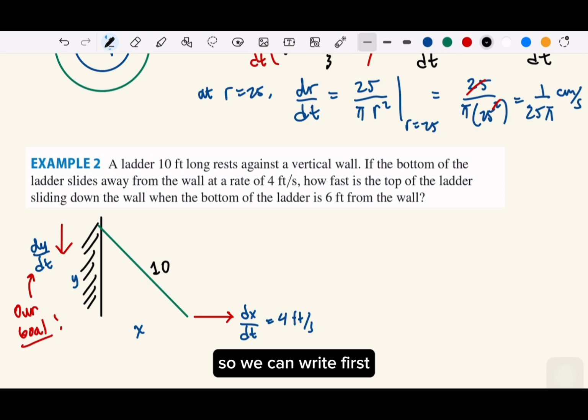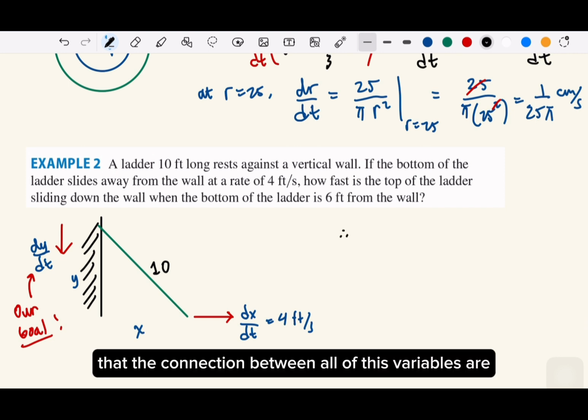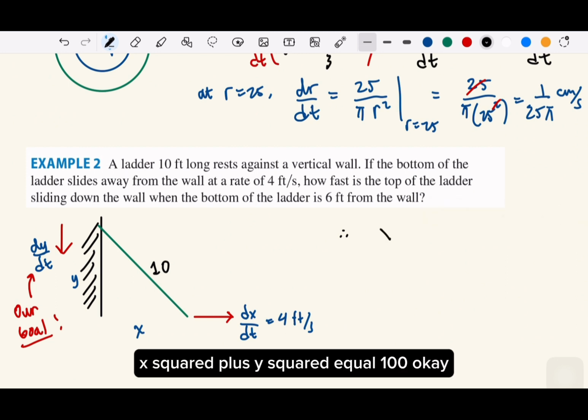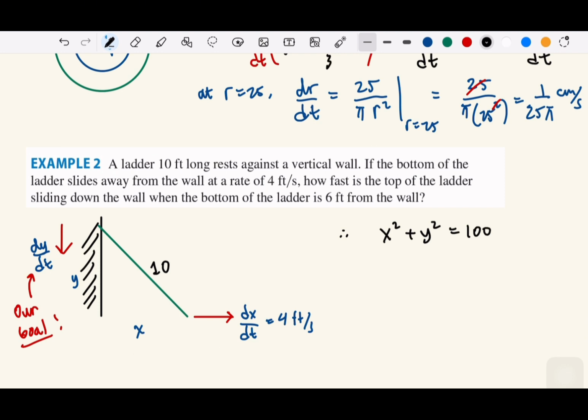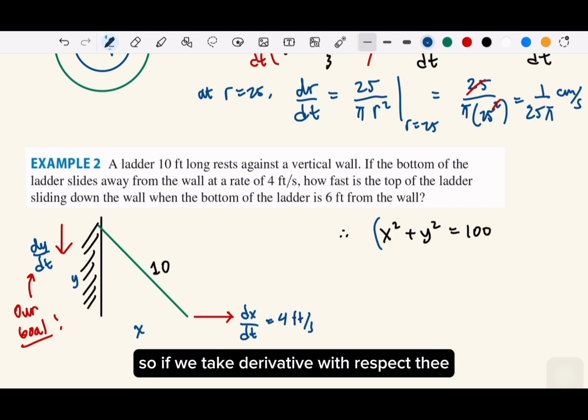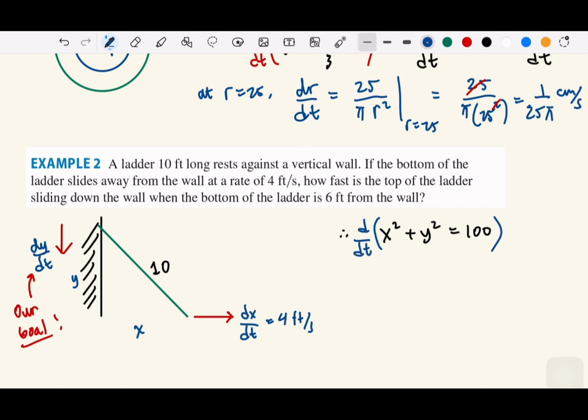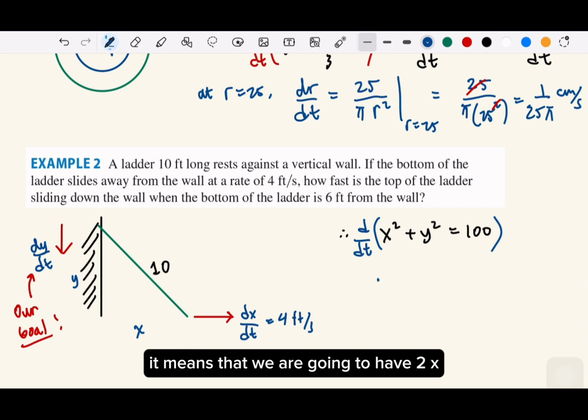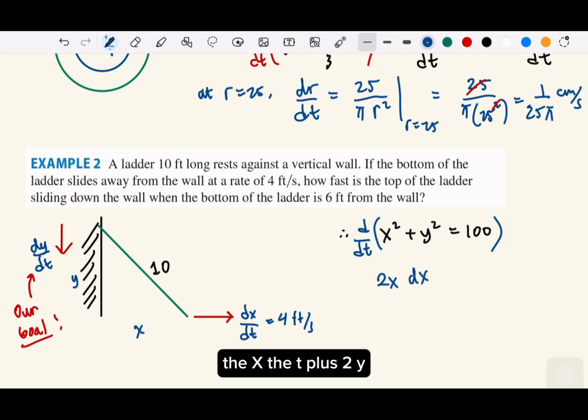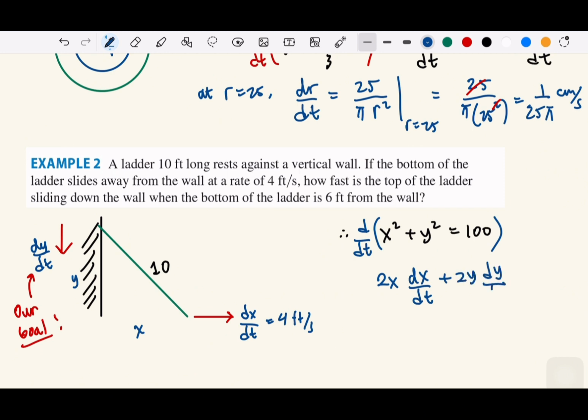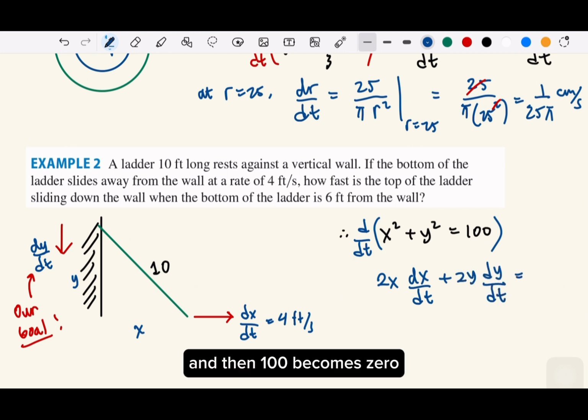So we can write first that the connection between all of these variables is x squared plus y squared equals 100. Okay, that's for sure, right? So if we take the derivative with respect to t, we are going to have 2x dx dt plus 2y dy dt, and then 100 becomes just 0.